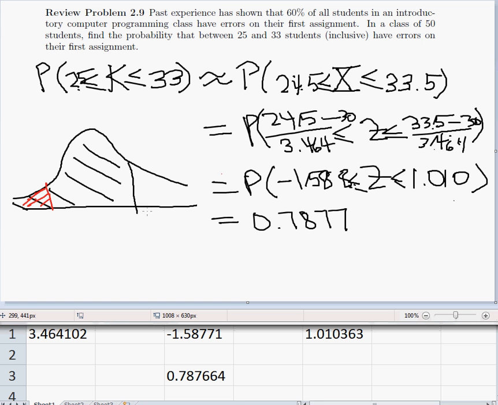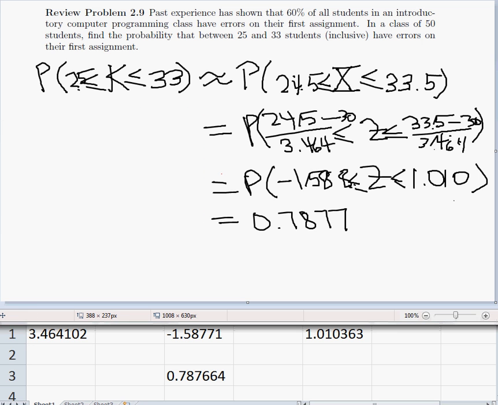I want to point out that it is perfectly possible to do this problem another way. If the question does not say that you have to use the normal approximation, then it is perfectly acceptable to use the binomial distribution. So in red over here on the side, let me do an alternate way of doing the problem.